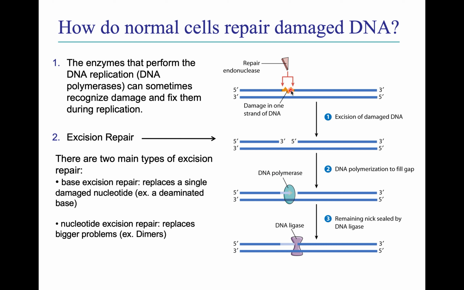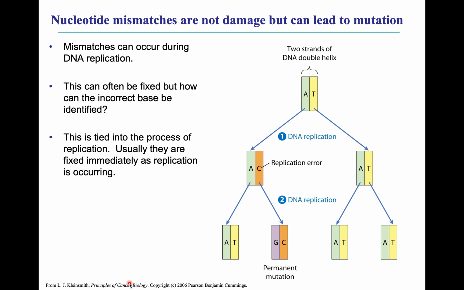It chops out that damage, so you're left with a gap, and then DNA polymerase can simply fill in the gap using the complementary DNA strand as a template. Ligase comes in and seals it up, and boom, we're back to normal. So you have these repair pathways kicking away in the background. But what we see in a lot of cancers, and again we'll get into this in some later chapters, is some of these repair pathways themselves are defective or have become mutated. So these kinds of damage can no longer be fixed in cancer cells.